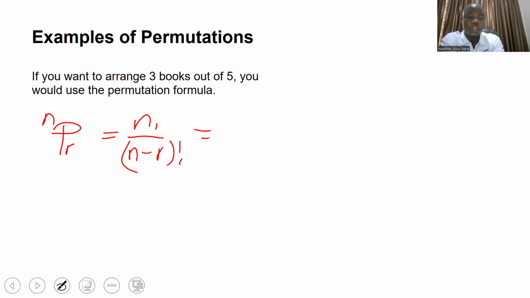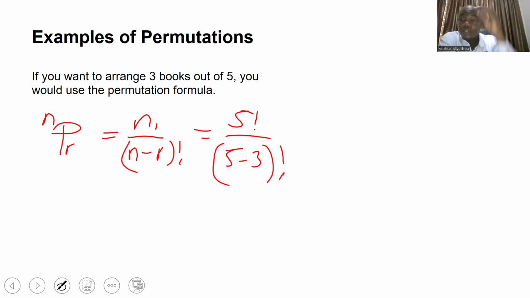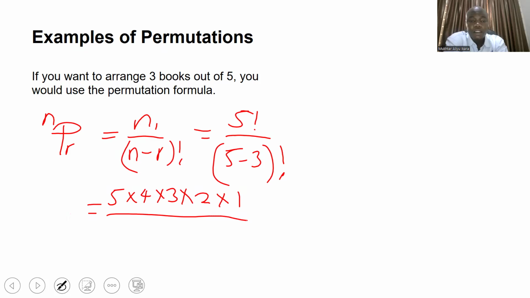So therefore, we now have n factorial. We have 5 factorial divided by (5 minus 3) factorial. So how do we do it? 5 factorial is the same thing as 5 times 4 times 3 times 2 times 1, divided by (5 minus 3) factorial, which is 2 factorial.